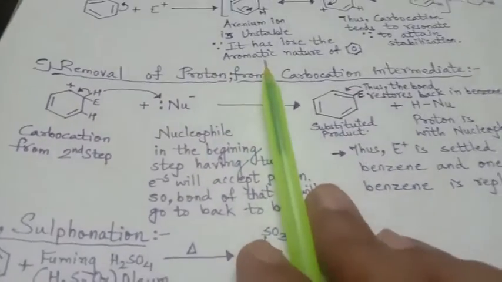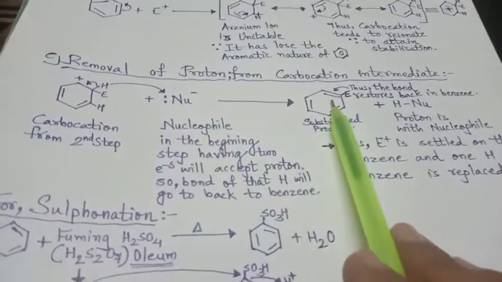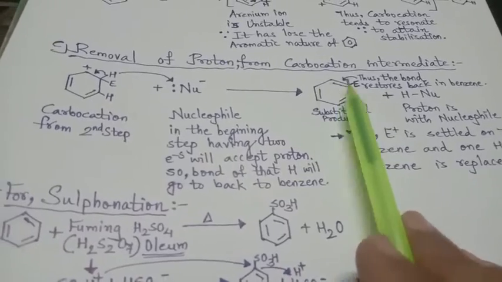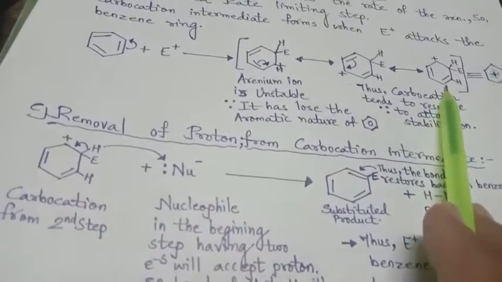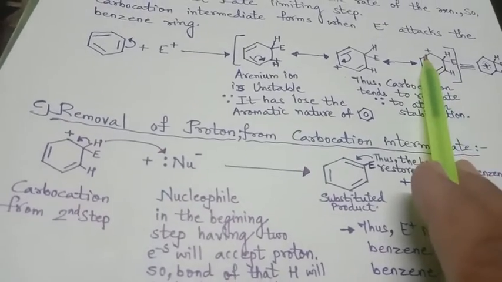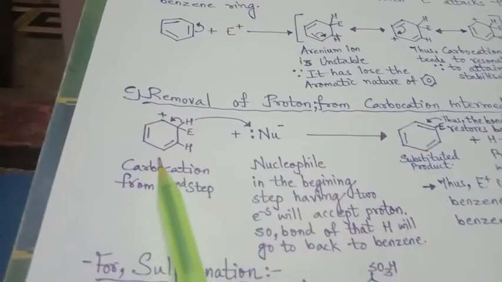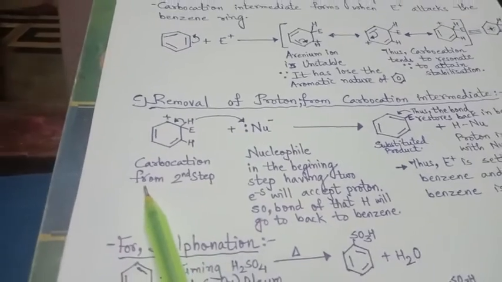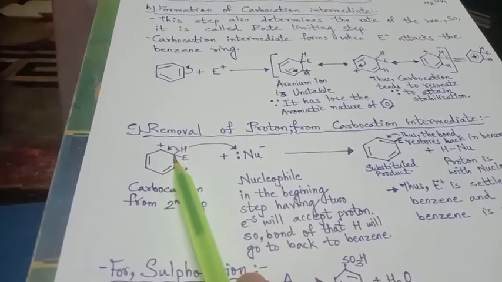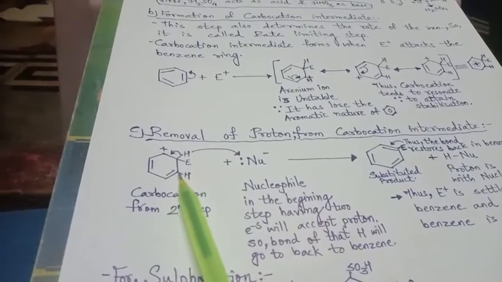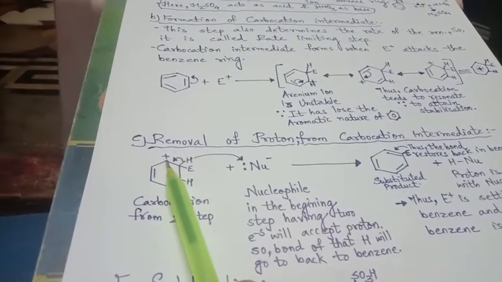And in the last step, removal of proton from the carbocation intermediate. So in the second step, this was the carbocation formed, right? Having E, H, and this is the plus. So taking that carbocation from the second step, we can have EH on this carbon, H, and this is the positive charge over here.